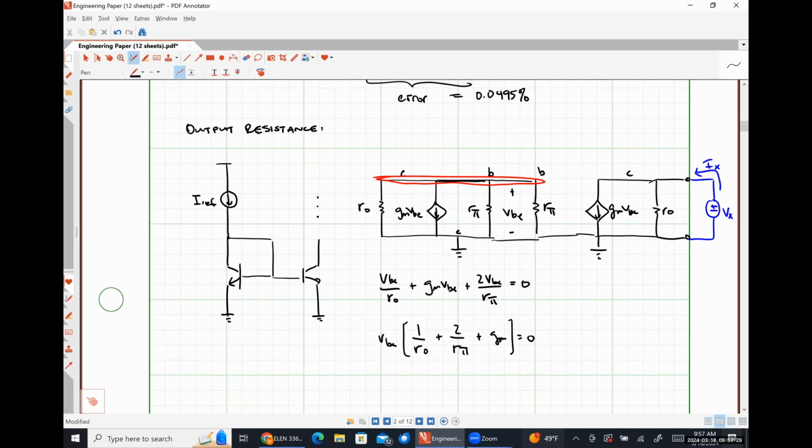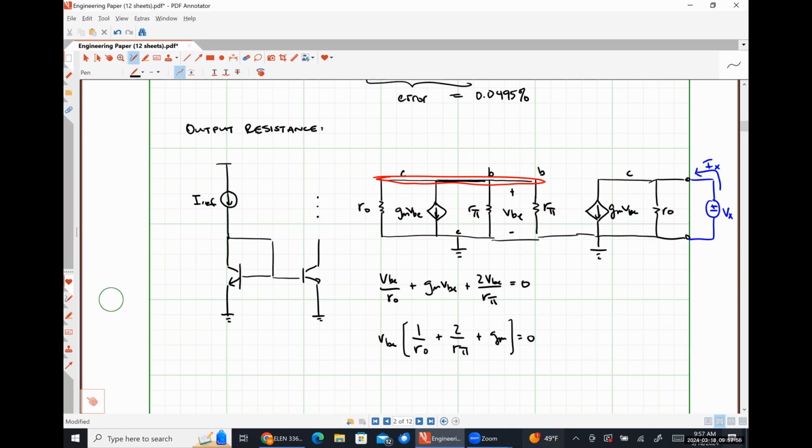is equal to 0. So let me ask you guys a question. Is R naught going to be 0? Never. Literally never. Is R pi going to be 0? Also literally never. Is GM going to be 0? Not if this is carrying any current, and it should be on account of it's a current mirror, so that's its job.